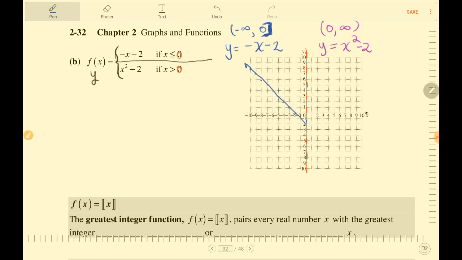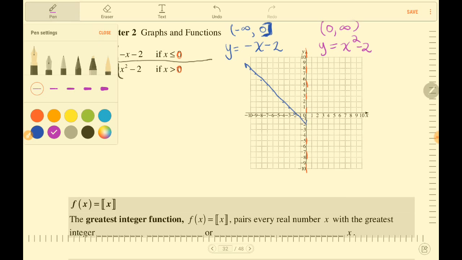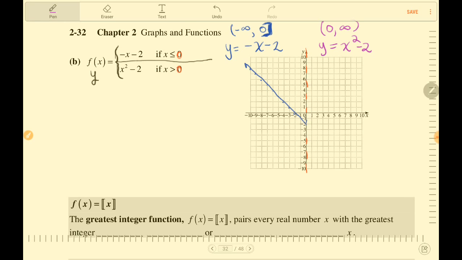Okay, so the purple part is a parabola. It has x squared with a positive 1 in front of it, which means that it's a happy parabola. Make a t-table and start with x equals 0: 0 squared is 0, minus 2 is negative 2.